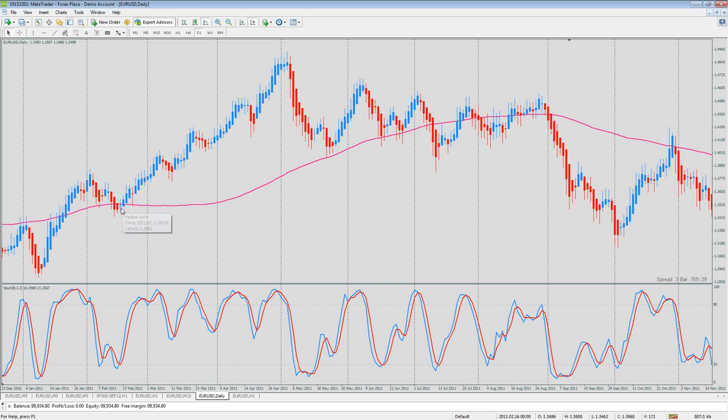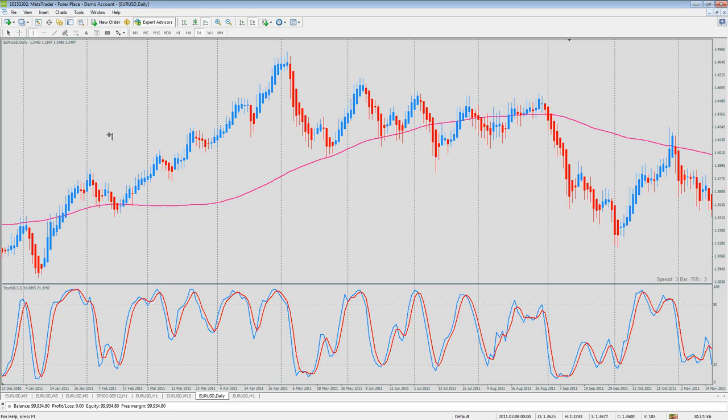So we're looking for a reversal, a change in the Heikin Ashi candles, and a crossing of the stochastic, the blue line when it crosses its signal line, the red one.